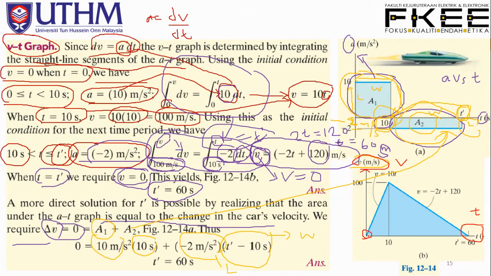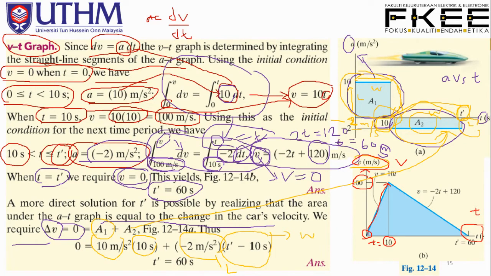For the first 10 seconds, t equal to 10 seconds, the speed spikes up to 100 meters per second.